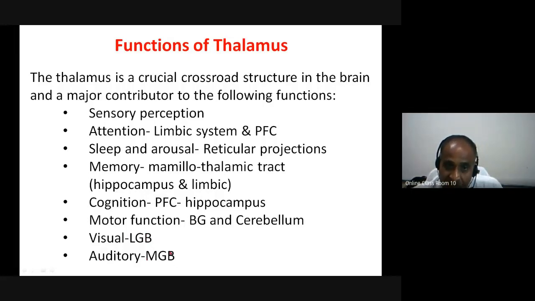And the medial geniculate body is the part of the thalamus dedicated for the auditory pathway. Before it goes to the auditory cortex, all the cochlear inputs are relayed here. So that means it performs all the sensory perception. I have just given these things.